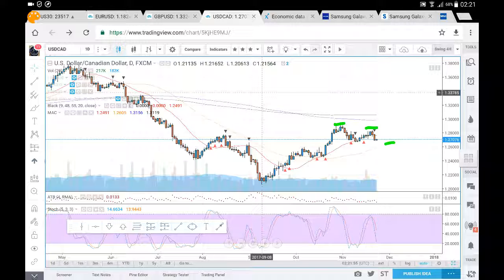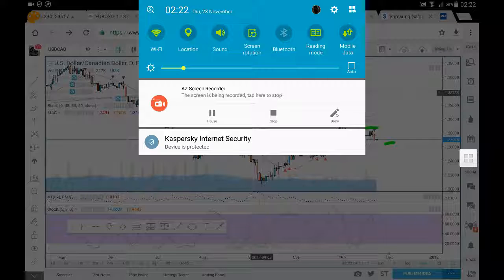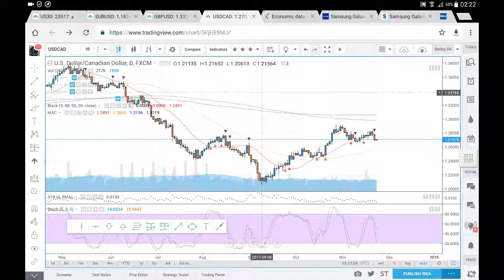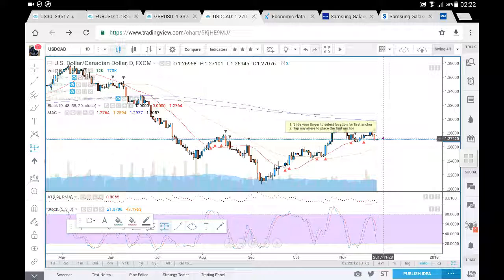Now, let's have a look at a potential target and also where our stop is going to be placed. As it is a short trade, let's just get the drawings on the chart. Just bear with me.